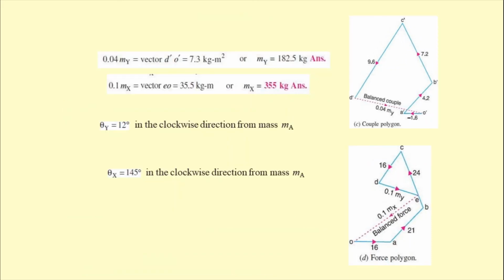Now for finding the angular orientation, we do simply as in the previous case. 12 degrees and 145 degrees are the values that we get for theta y and theta x, that is the angular positions of the two balancing masses.